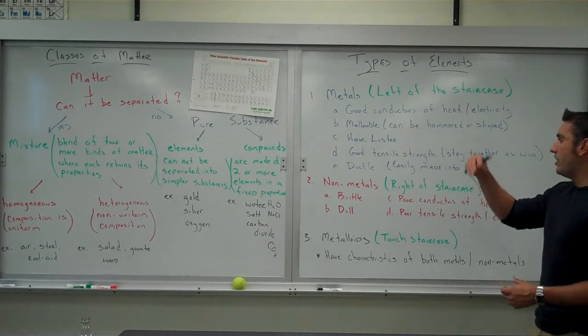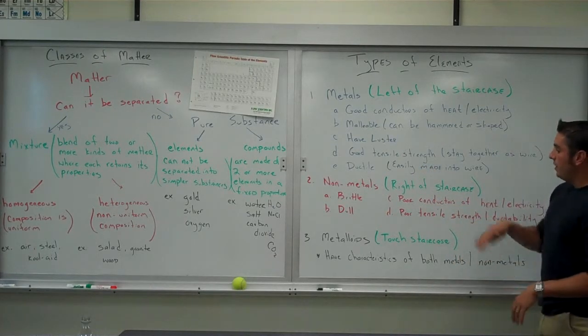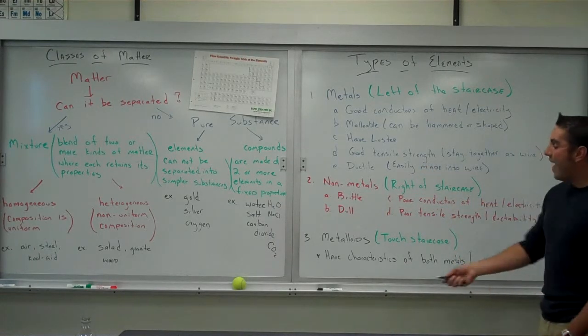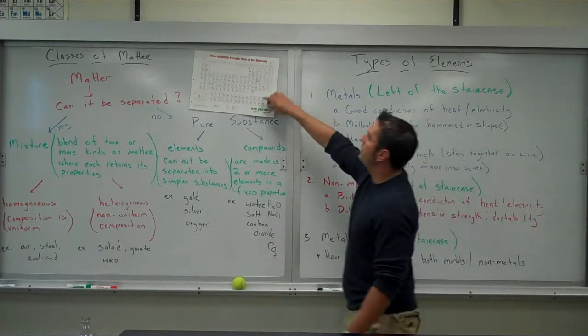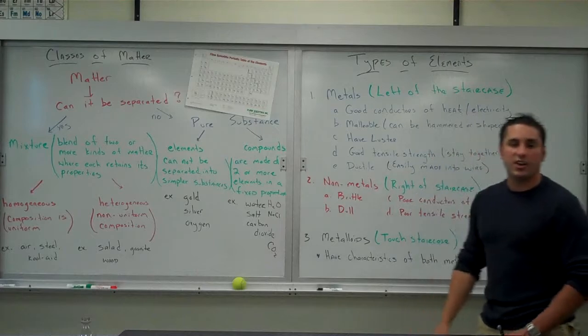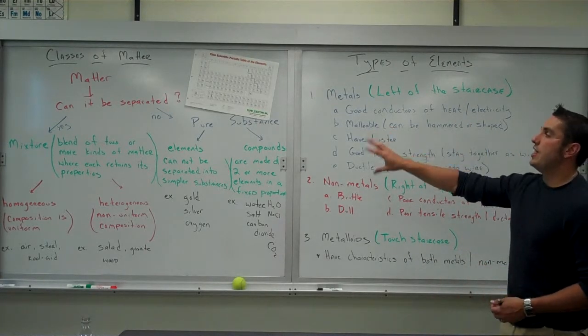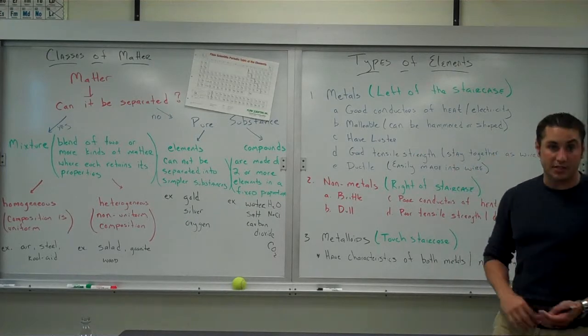So the silicon is a good conductor, which says it's a metal, but it's a poor conductor of heat, which makes it a non-metal. That is why it's a metalloid. And if you notice, silicon, Si, lies right above the staircase. It touches the staircase as element 14. So these are a lot of the things that have to do with classes of matter and types of elements.